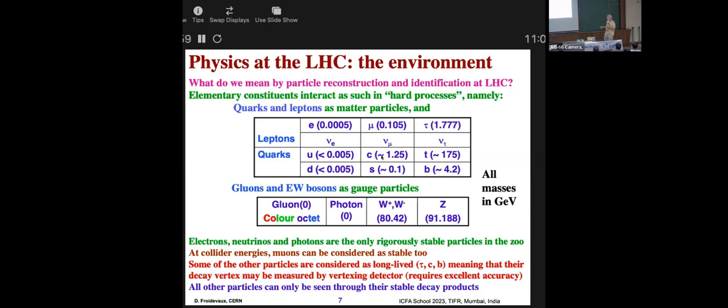It requires excellent accuracy, and that's why, as someone asked me yesterday, we have pixels very close to the beam, so that we can have very performant identification of long-lived particles. And all the other particles in this wonderful standard model zoo can only be seen through their stable decay products.